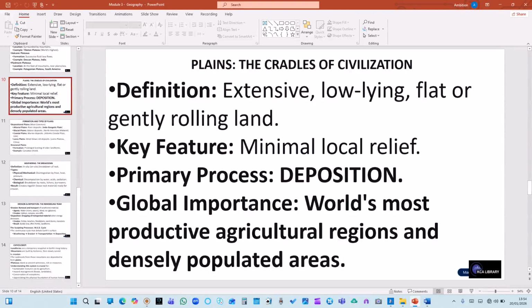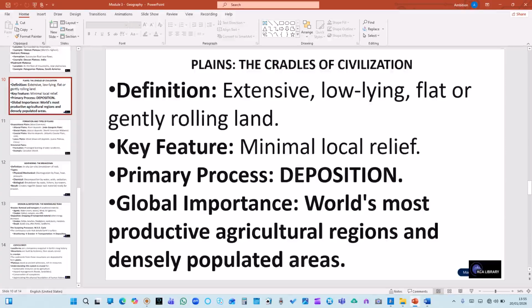Having known that, let us look at plains, that is the cradles of civilization. By way of definition, plains may be defined as extensive, low lying, flat or gently rolling land. So plains are lower than plateaus. The key feature of plains is minimal local relief.